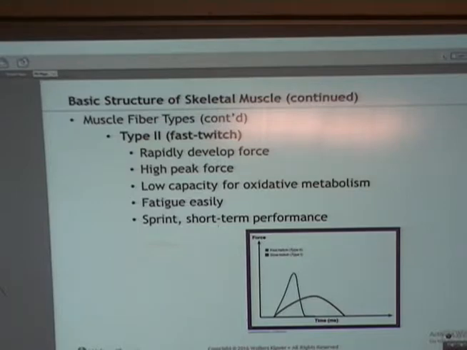In their legs at least, because the ratio isn't consistent around the body. One of the things that makes them an elite endurance runner is the level of type 1 fiber that they have.